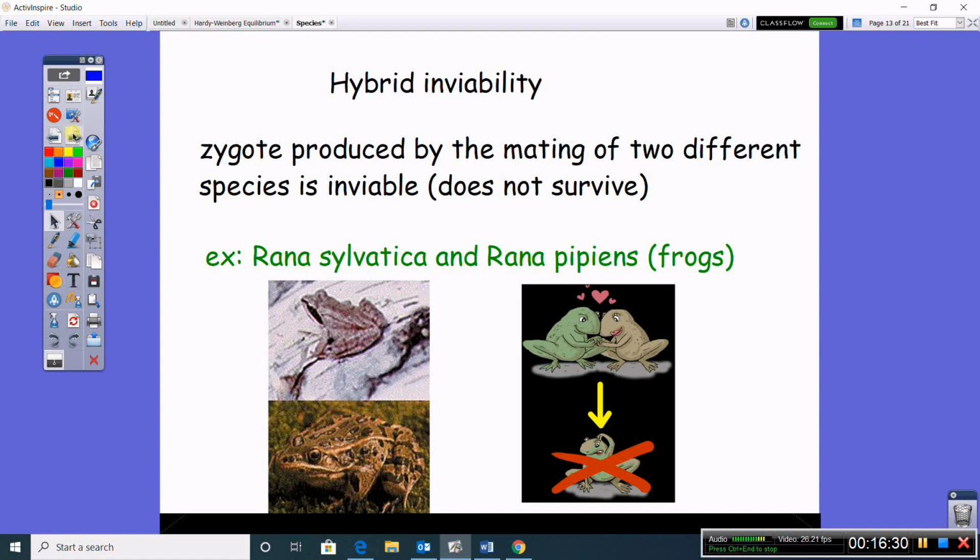When these two similar species of frog get together, their offspring always dies. And it dies pretty early in development or shortly after birth. So if that kept happening to you, you might say, maybe we shouldn't be mating together, because whenever we have an offspring, it doesn't survive. It's Mother Nature's way of discouraging that mating from happening.